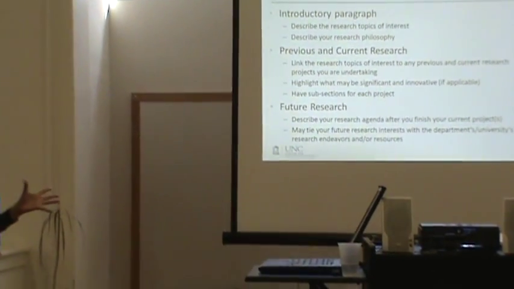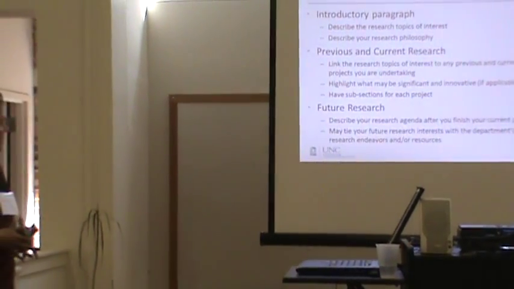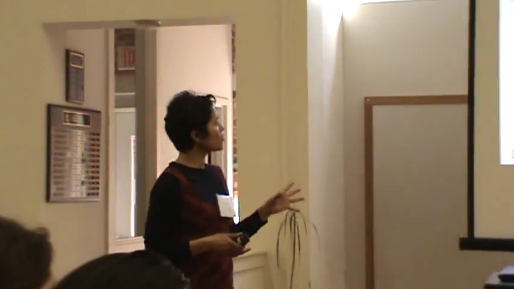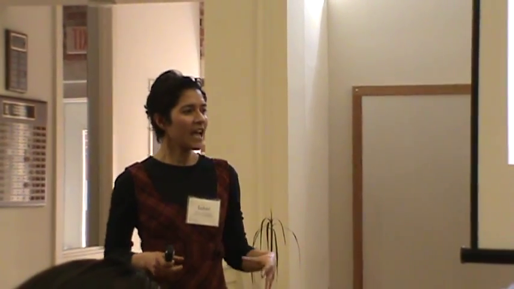Yeah, and I've already mentioned the significance and innovative piece. And then also have subsections for each project. It's kind of like grammar. You want the reader to easily read your statement and follow it. One way of easily following is headings and subheadings.